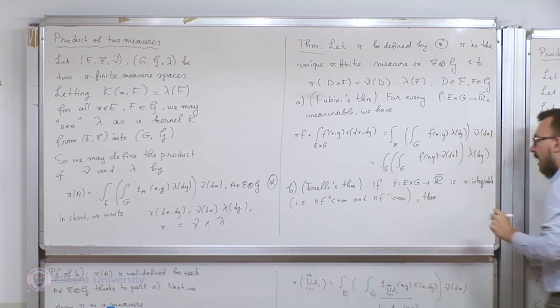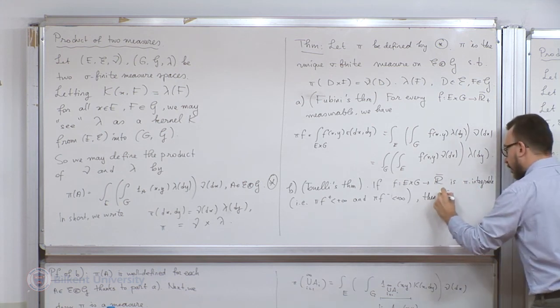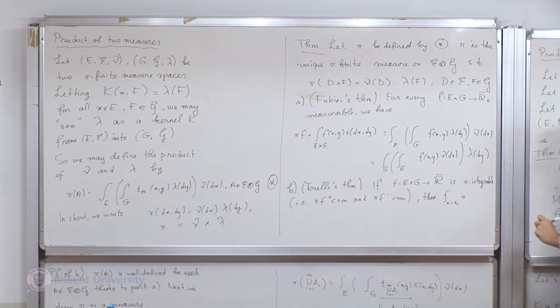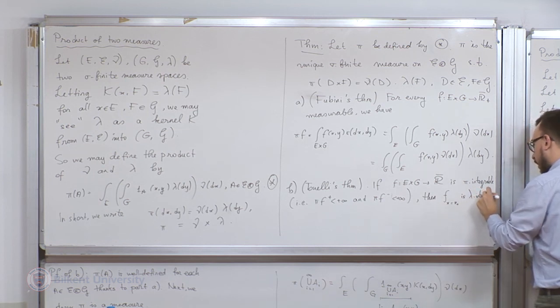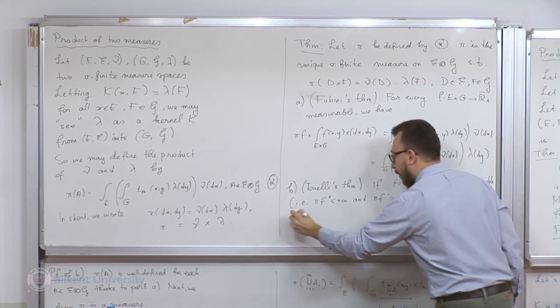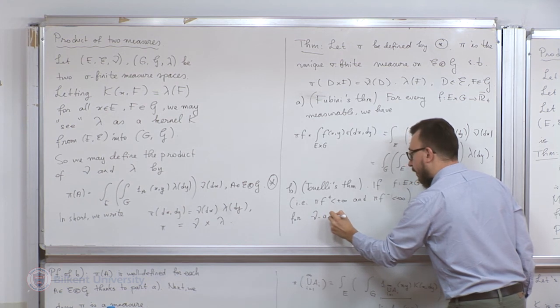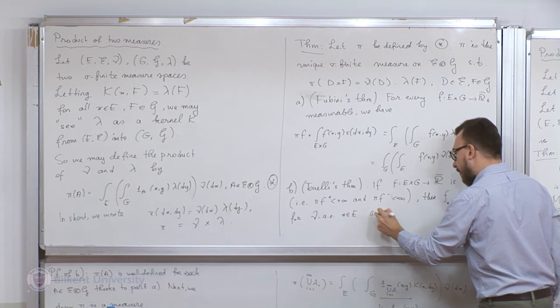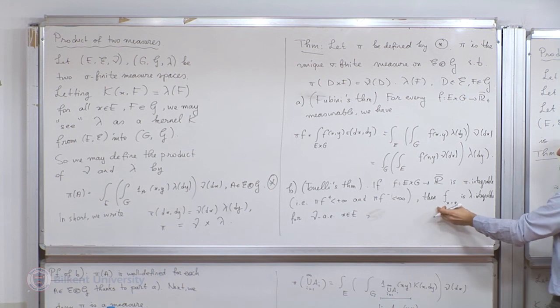Then what do we have? Well, the section of f is lambda integrable for nu almost every x in E. So the section of a function is what?